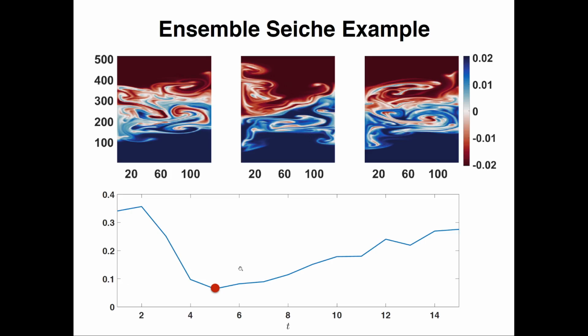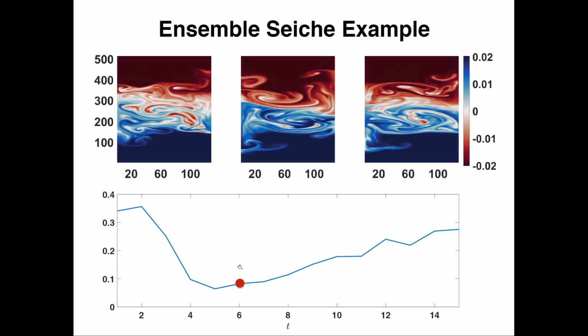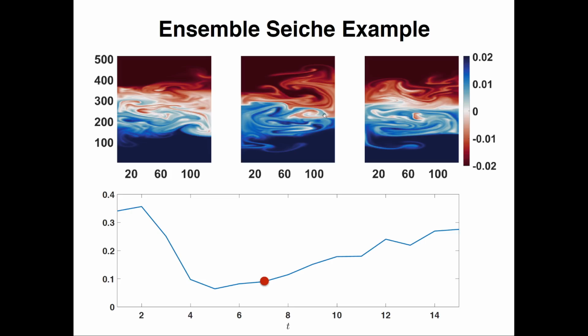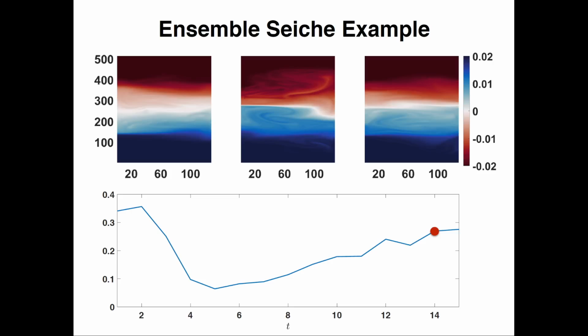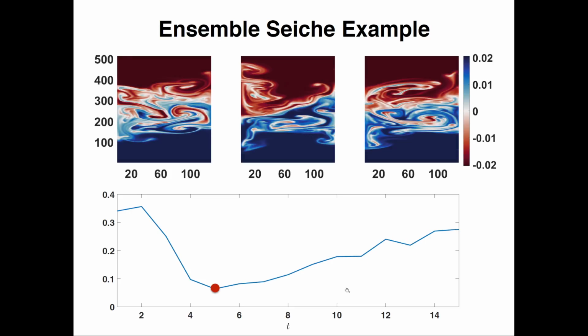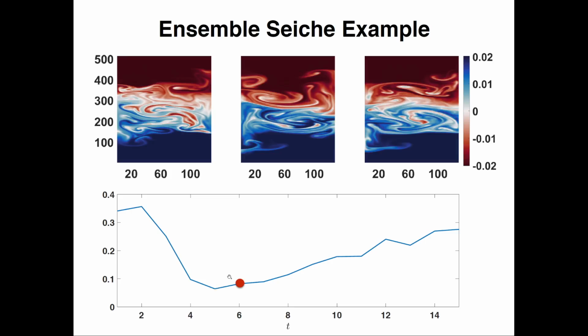So it's below 0.1, and then as time goes on, as the mixing leads to a smooth transition from dense to less dense, you can see that the agreement goes up, generally up, until you reach this state that they all look pretty similar. Okay? And so right here is identified as a time when they're very much in disagreement.